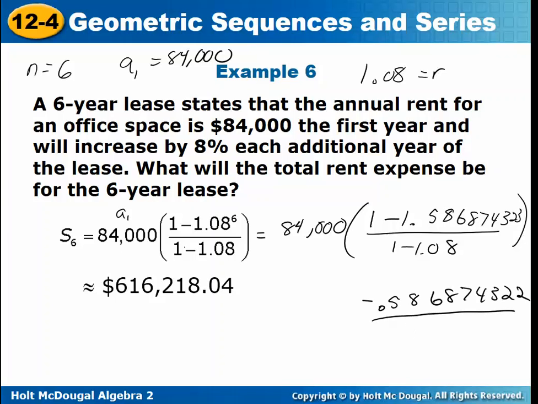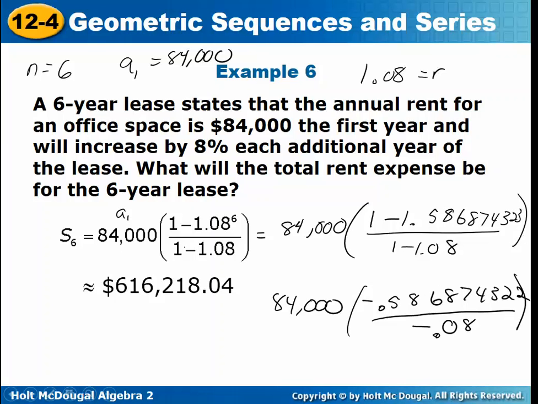Now I can't forget my 84,000 in front. I'm also going to take 1 minus 1.08, the denominator, which is just negative 0.08, of course. So I need to take my top number divided by my bottom number.